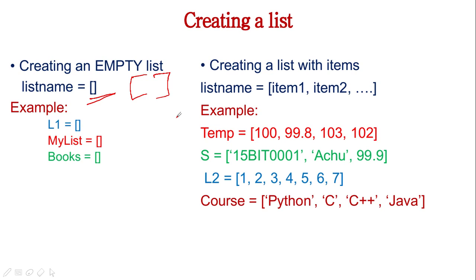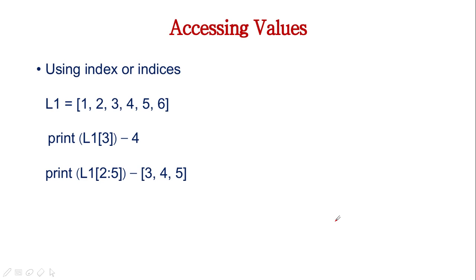Here you can have heterogeneous data. These are empty lists that we have created. This one has both integer and floating point values. In this one, two are strings and one is a floating point value. Here this list is completely numbers, and this one is completely strings. So it can be purely homogeneous or heterogeneous also.